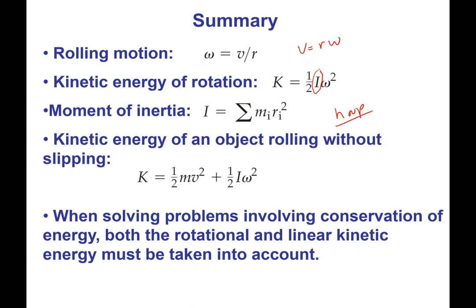These are the two big ones that they do. Hoop is just your regular MR squared, and your disk is 1/2 MR squared. If things are rolling without slipping, you have to take the linear and rotational or angular kinetic energy into consideration when solving conservation of energy problems.